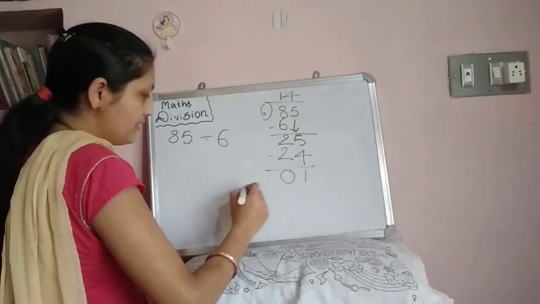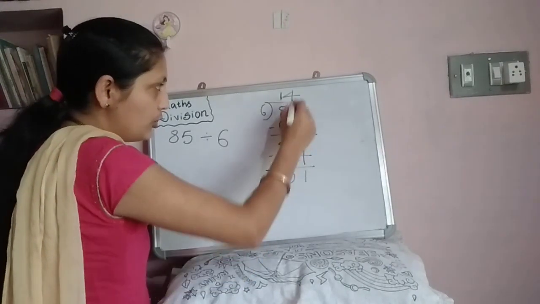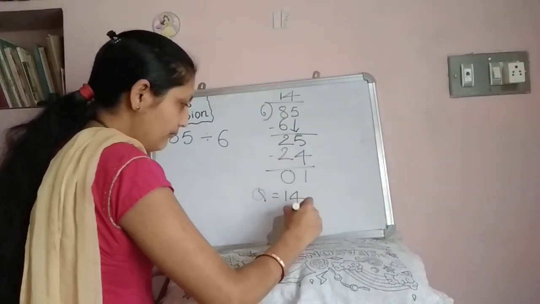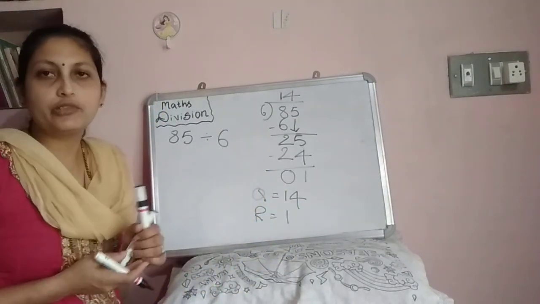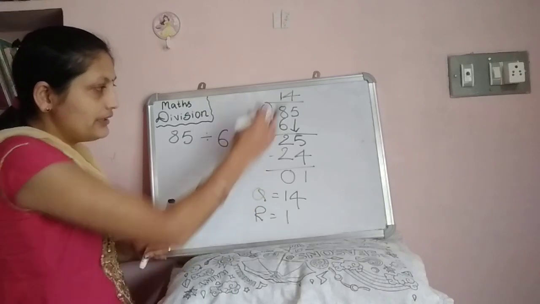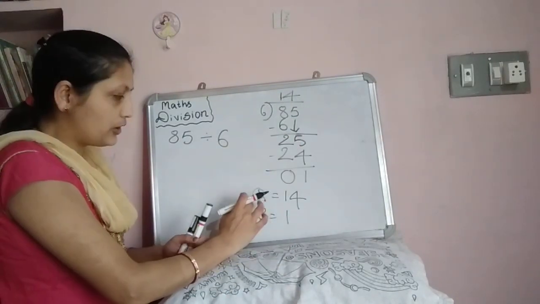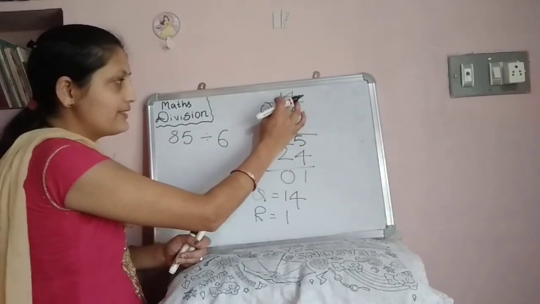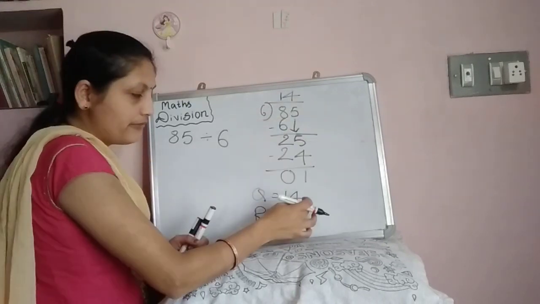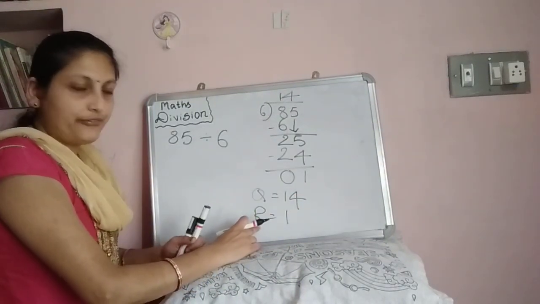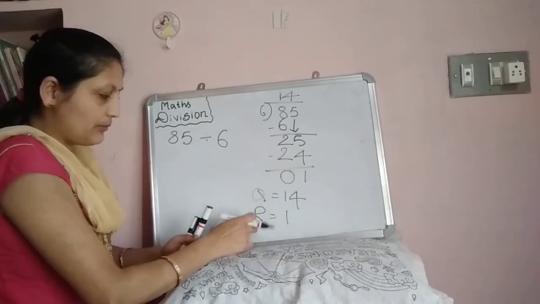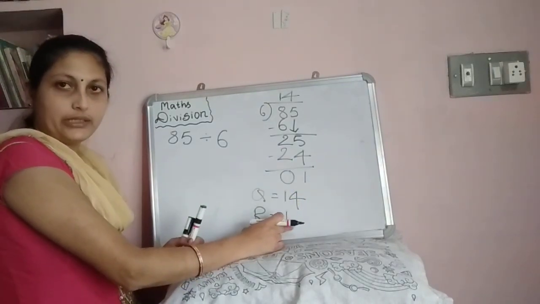So Q is equal to 14 and R is equal to 1. You have to write in this way. After dividing, finally you have to write Q is equal to the answer you have got here, 14, and the remainder, what is left here, 1. So remainder is 1. Got it?